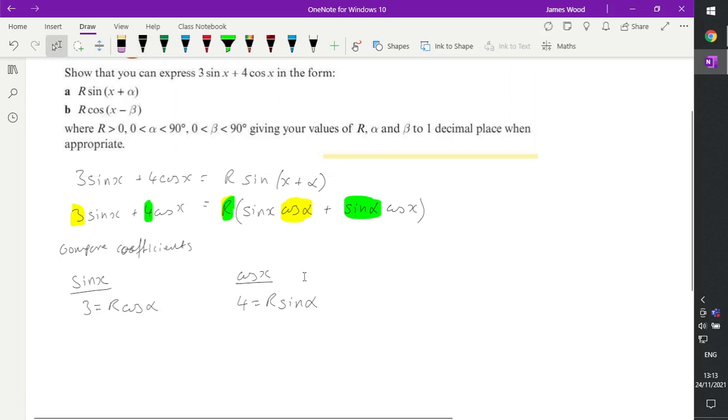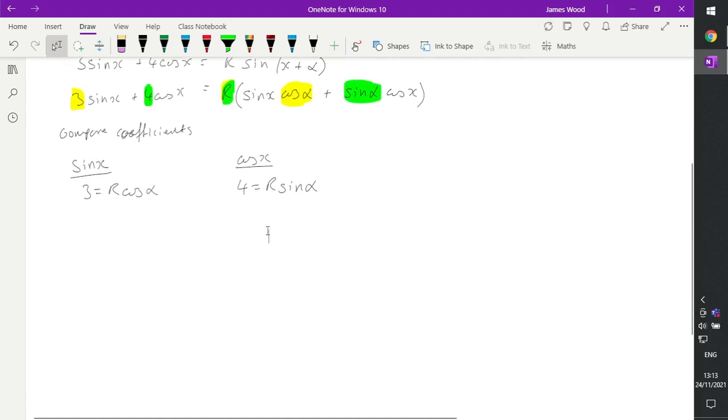And now what I've got is essentially a pair of simultaneous equations. I've got two unknowns, and I've got two equations. 3 is r cos alpha, and 4 is r sine alpha, and I want to find out what r and alpha are. I think the easiest way of doing this is to draw a right angled triangle to help you.